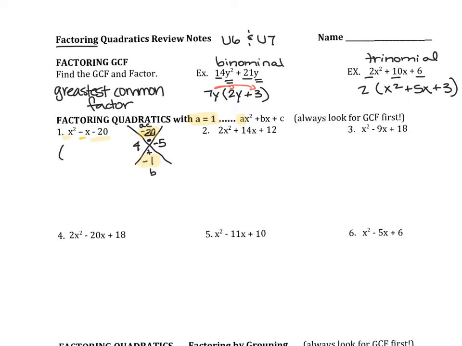These are the numbers then that go in my parentheses. It doesn't matter which one I put first. Either one is fine. I could have written my answer as x minus 5 times x plus 4. Order doesn't matter here. And if you want to check your answer, you always can. If you FOIL or box these 2 binomials, you should get x squared minus x minus 20 back.